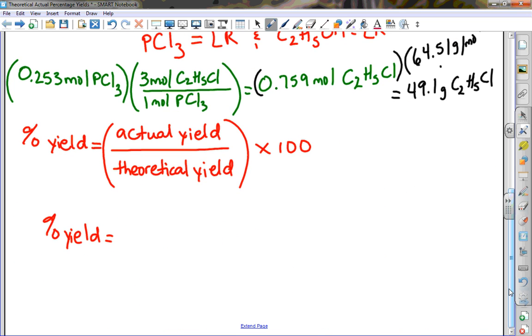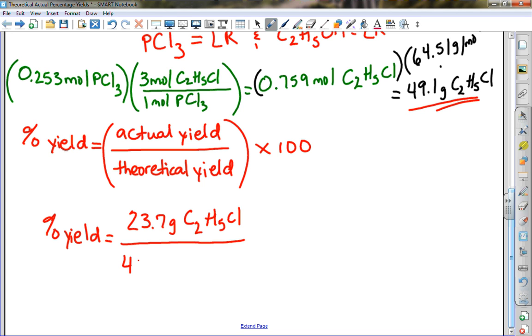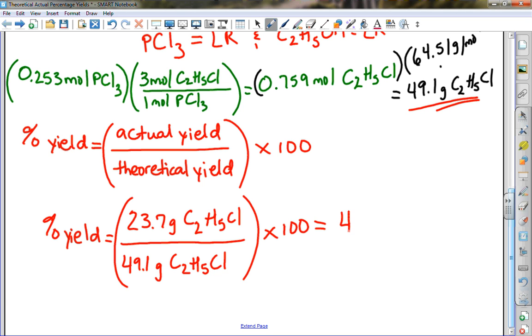So 23.7 grams of C2H5Cl, that's what's produced, divided by the theoretical, what we just figured out, 49.1 grams of C2H5Cl. That whole thing multiplied by 100, and you get 48.3%. That is your percent yield.